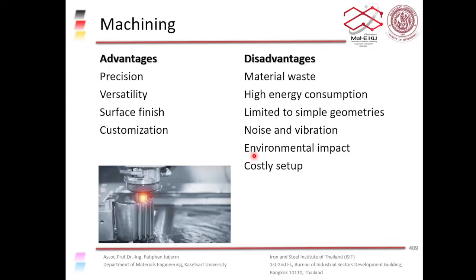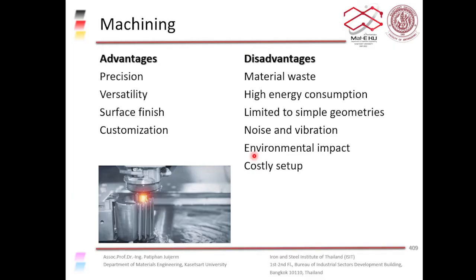Okay, so how are you going to get rid of the chips from the process? How are you going to get rid of the coolant used in the process? Because now the coolant is not clean, right? There are some bits of metal in there as well.